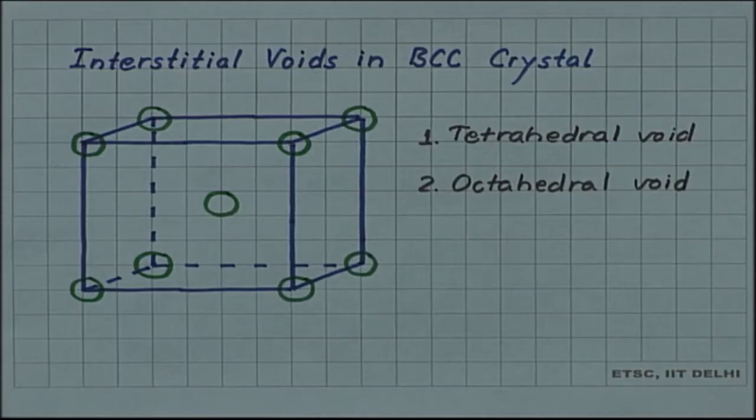Unlike in the cubic close packed structure, where we were able to identify these voids within one unit cell itself, in body centered cubic this is not possible. To locate the voids, we have to look at at least 2 adjacent unit cells.